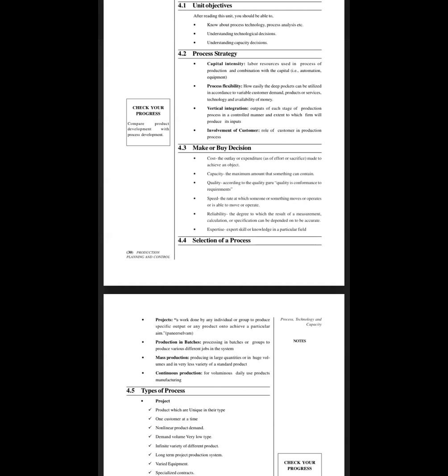Okay, then expertise, exact skill and knowledge in a particular field. Definitely, expertise means exact skill and knowledge of a particular field. Now see, over here skilled people play an important role. If we are doing any kind of production activity, you should have skilled labor.